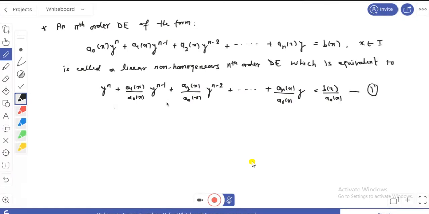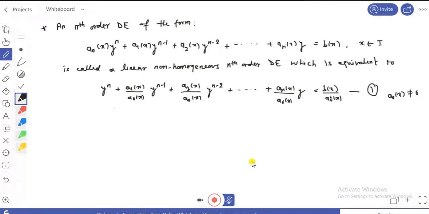Okay, so here one thing to remember is that a naught x is not equal to 0. Because if a naught x equals 0 for any x equals x naught which belongs to that interval, then that point is known as a singular point, and this term is not defined.